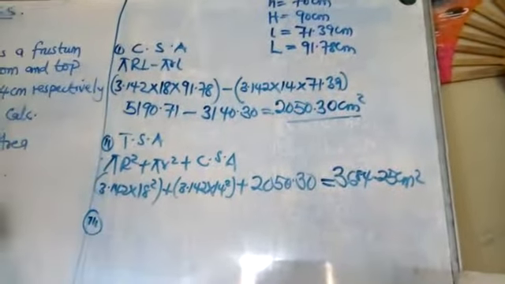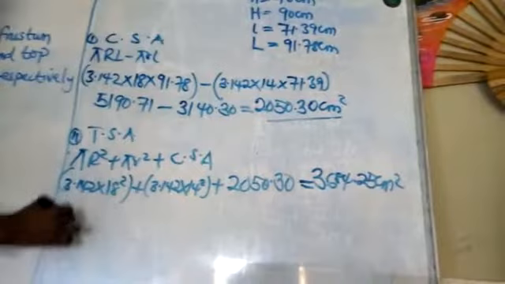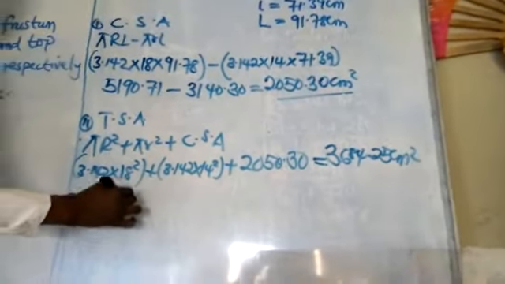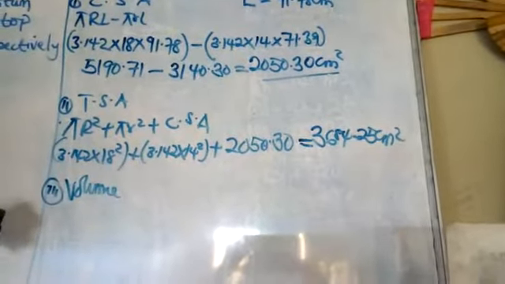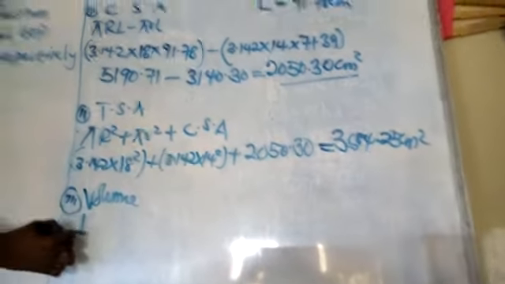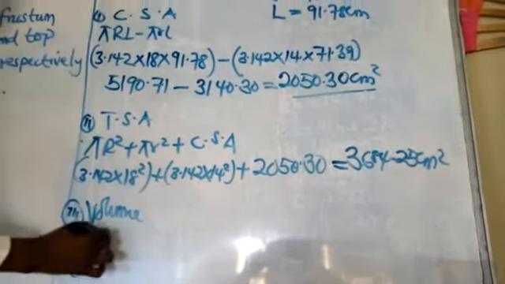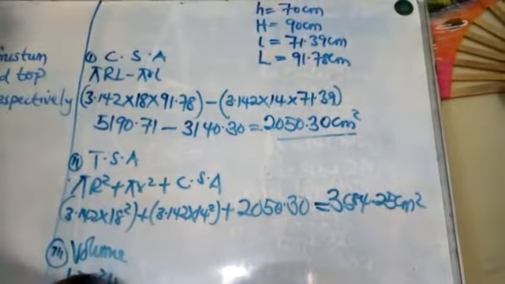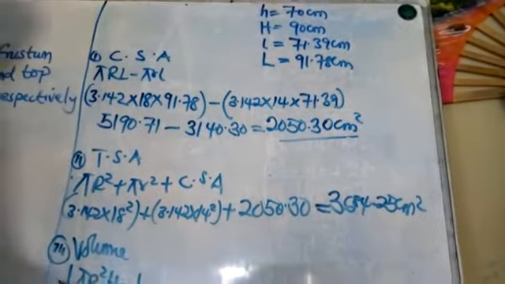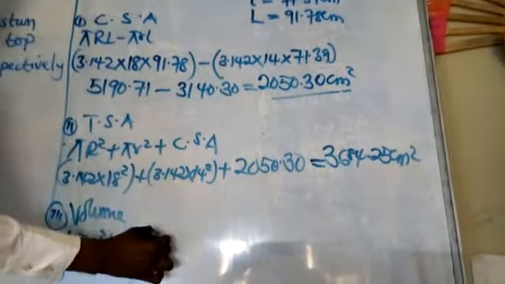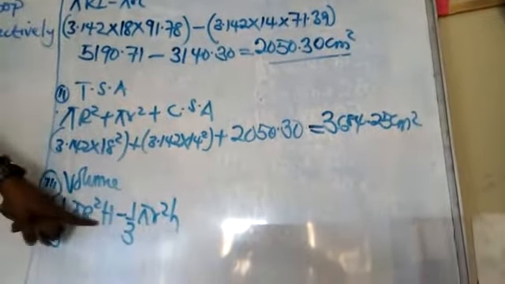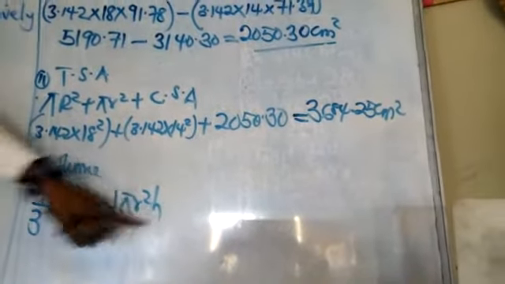Number 3, finally, you are asked to find the volume of the frustum of the cone. And we have established also that the volume is 1/3 of the base area times height minus 1/3 of the base area times small height. Thank God we have looked for the value of big H, we have also looked for the value of small h.